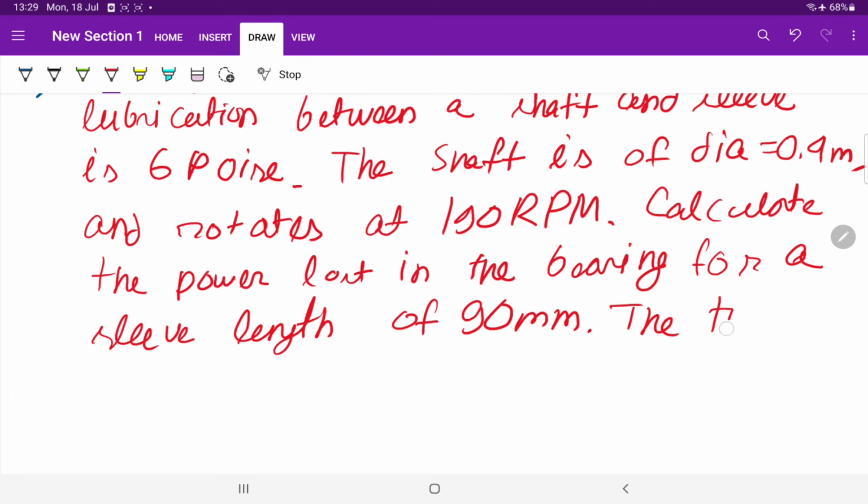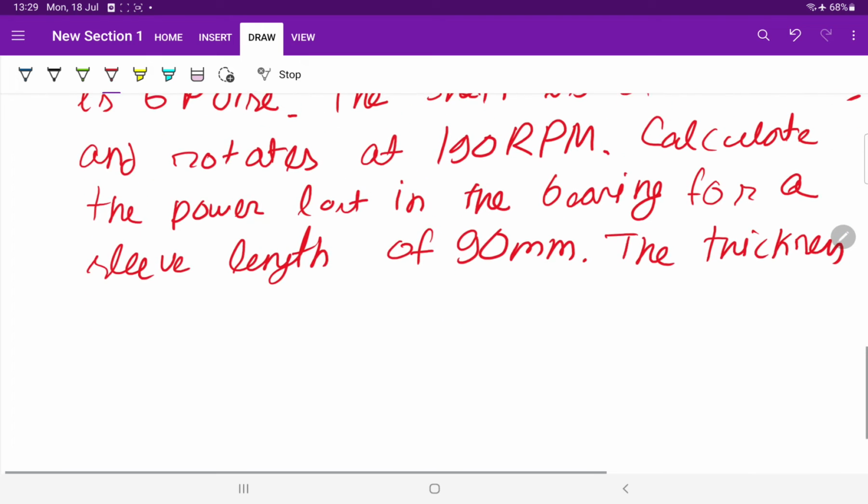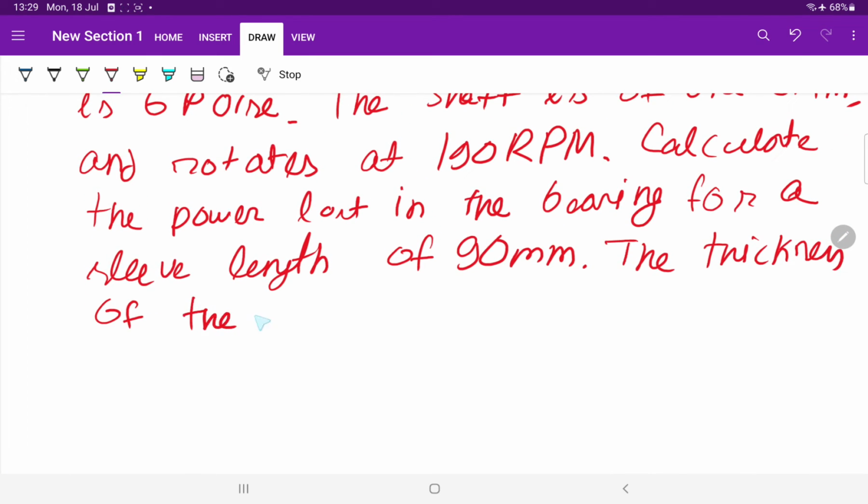The thickness of the oil film is 1.5 mm.